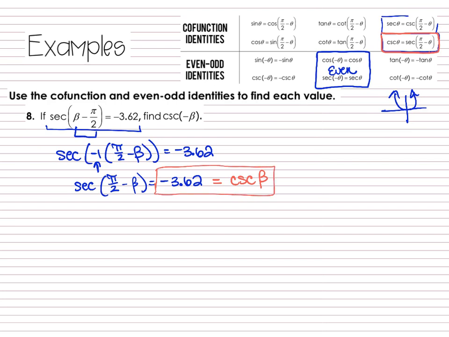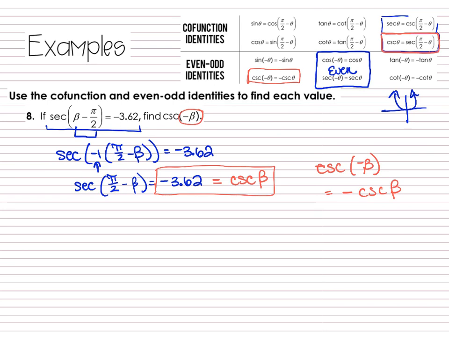But the problem is we're not asked to find the cosecant of beta, we're asked to find the cosecant of negative beta. So if we want to know the cosecant of negative beta, we know that the cosecant of negative beta is equal to the negative cosecant of positive beta. That's what we're going to find right up here.